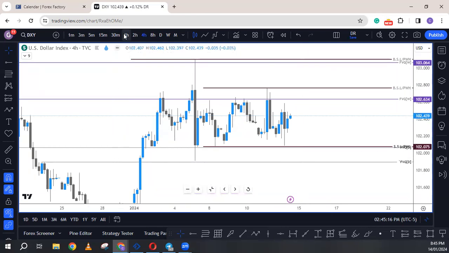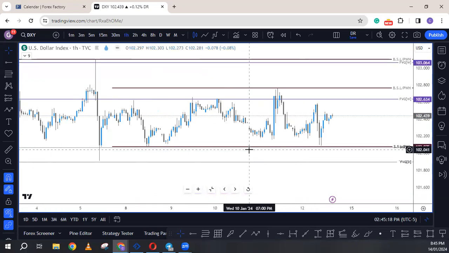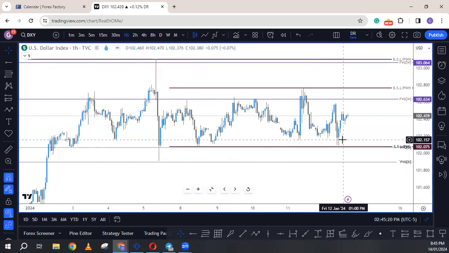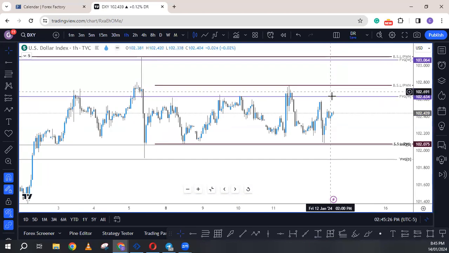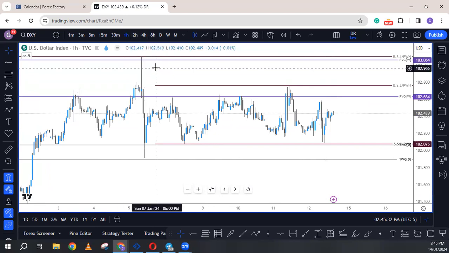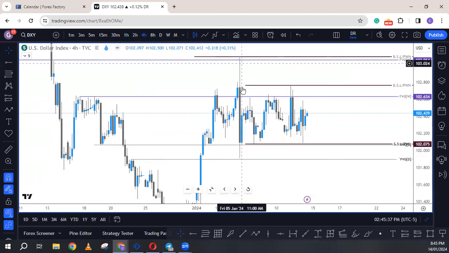If we drop down to the 1 hour on the dollar index, we can basically see it's in a range. So you wait to see what price does at the high. If it gets rejected there, then you know it's dollar weakness to probably the lows. So basically, the dollar index is in a range until you get a break out of this 4-hour range.